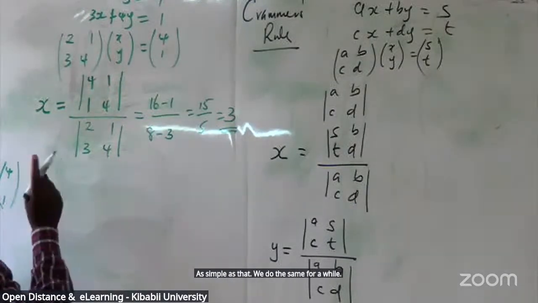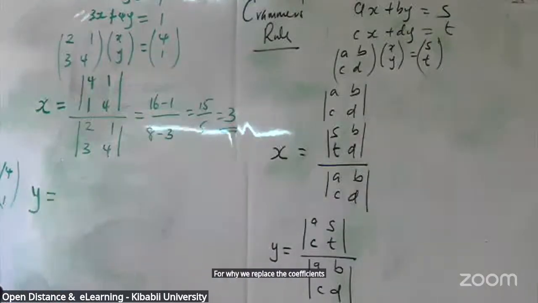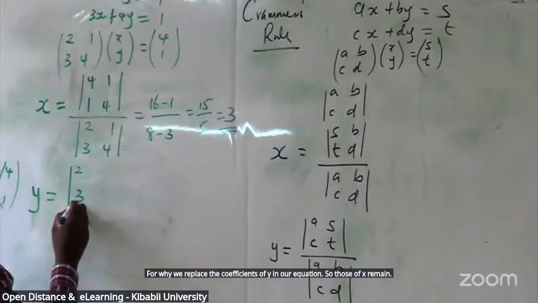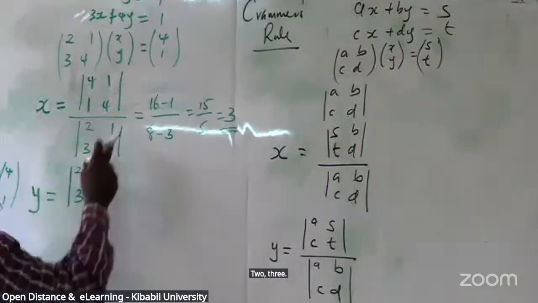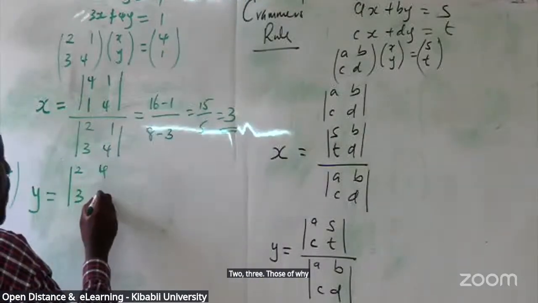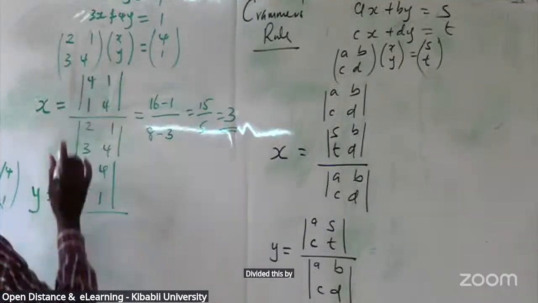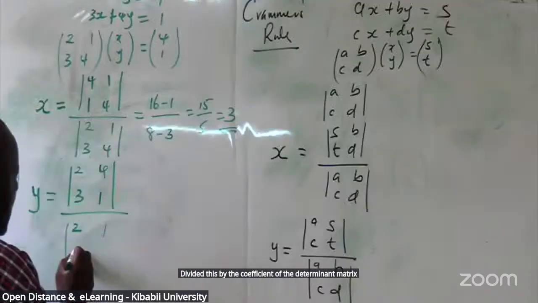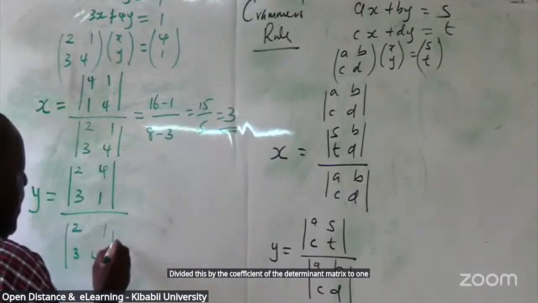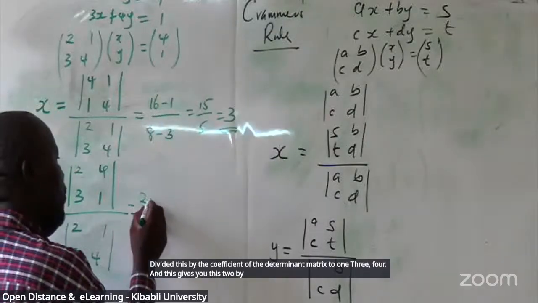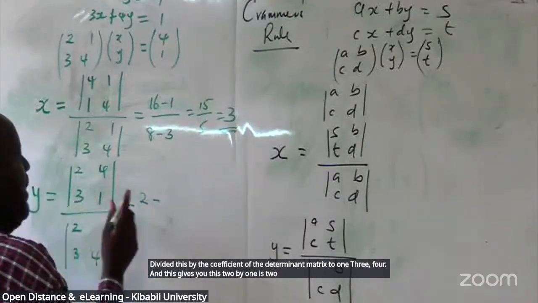For y, we replace the coefficients of y in our equation. So those of x remain 2, 3. Those of y take the constants 4, 1. Divide this by the determinant of the coefficient matrix 2, 1, 3, 4. And this gives you 2 by 1 is 2, minus 4 by 3 is 12.